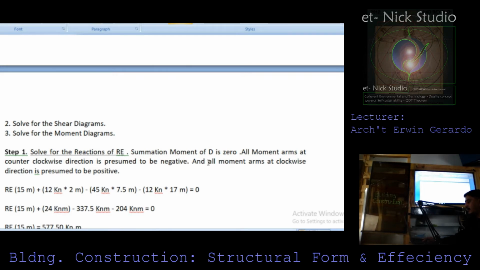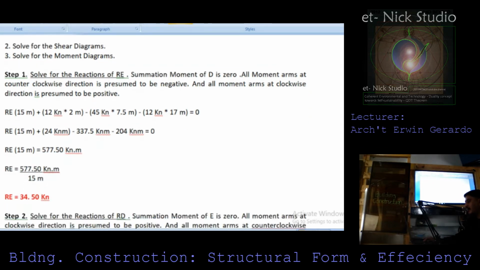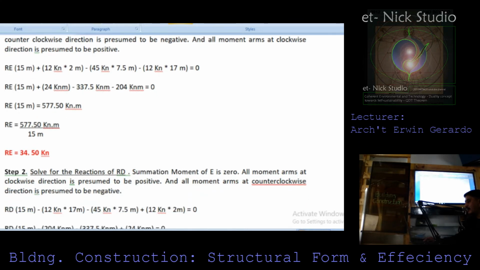So the summation of moment at D is equivalent to 0. All moments in the clockwise direction are presumed to be negative, and all moments in the counterclockwise direction are presumed to be positive.